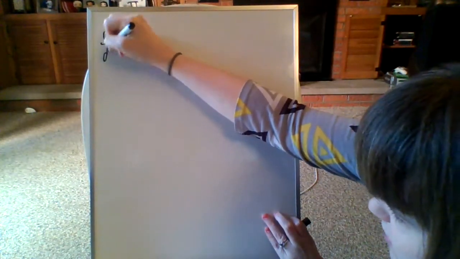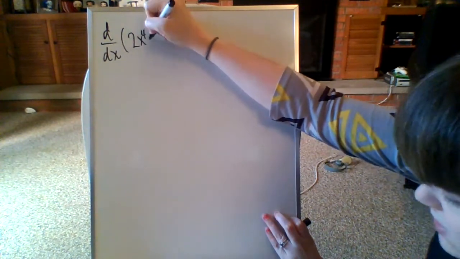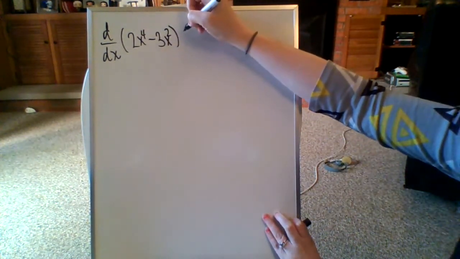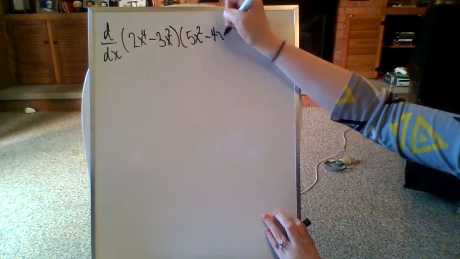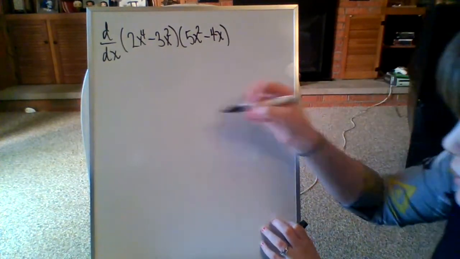Okay, so here it is. Find the derivative of 2x to the fourth minus 3x squared times 5x squared minus 4x. Okay, so we're going to do derivative of the first part.